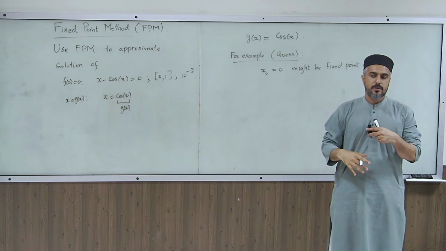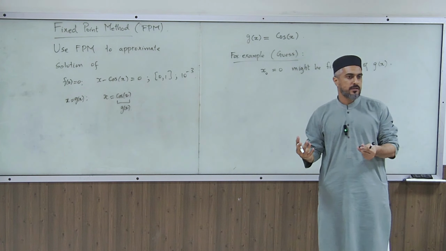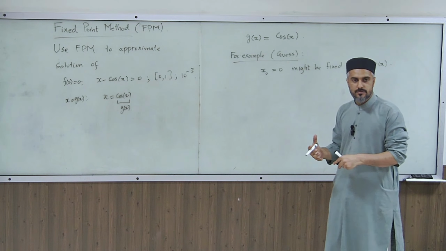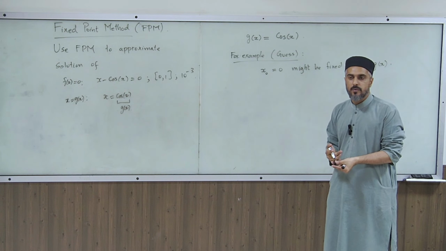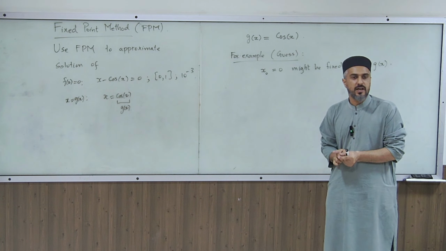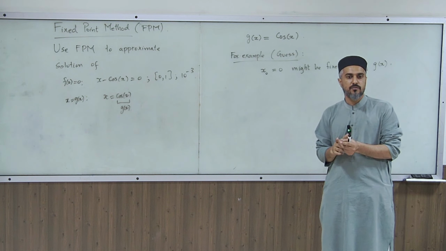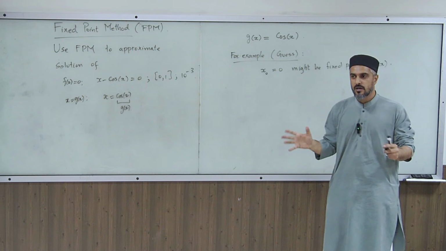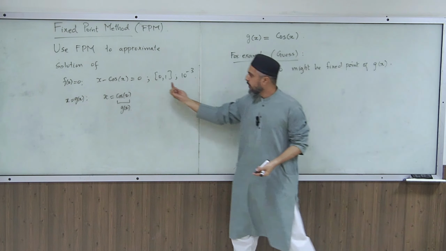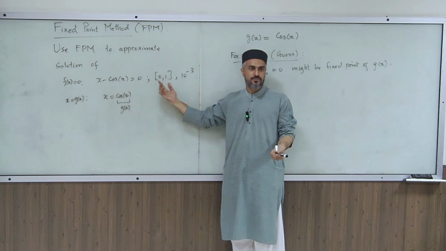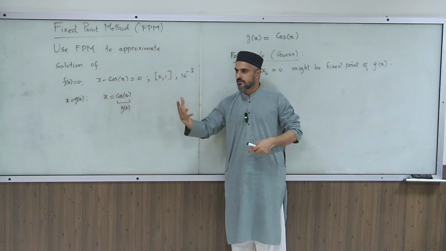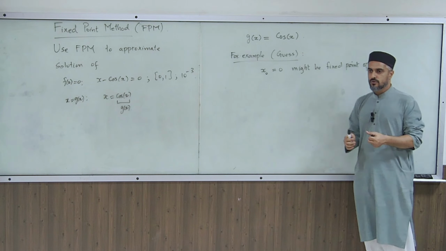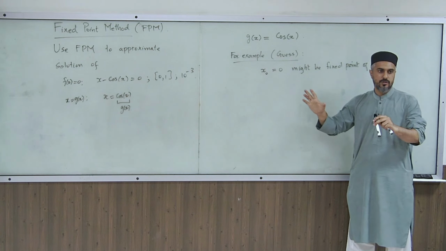I'm not starting my solution from a very wise guess. I'm just picking one end of an interval to say it might be a fixed point. There is no hard rule that I'm going to put over here.